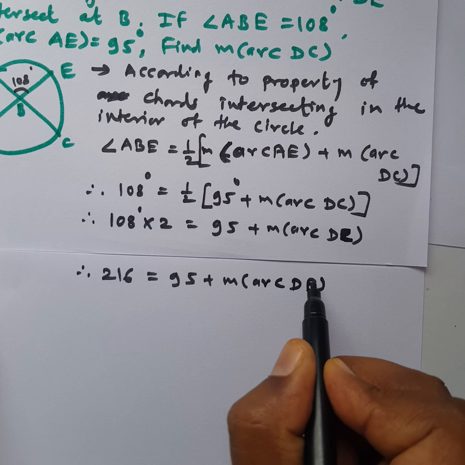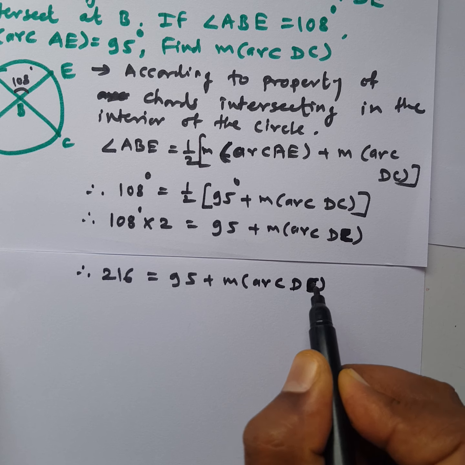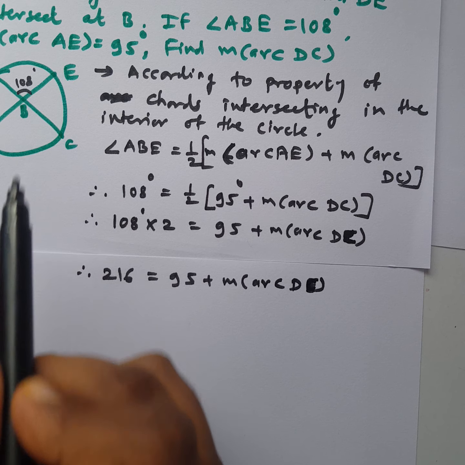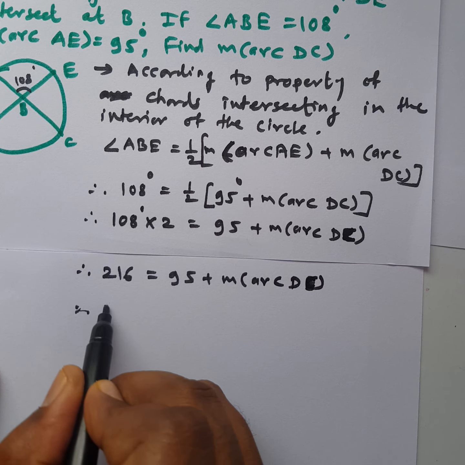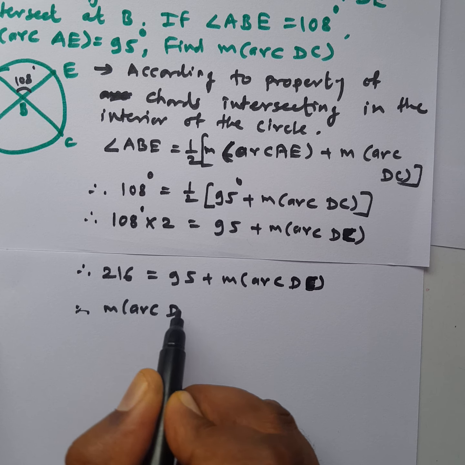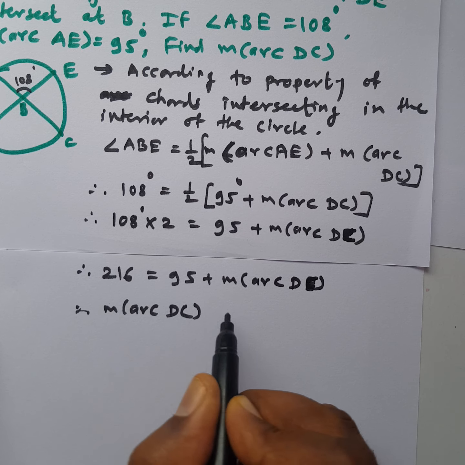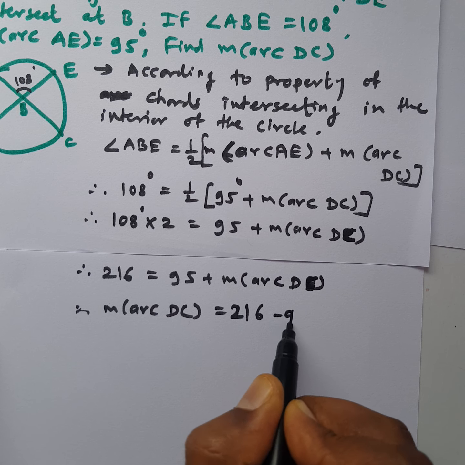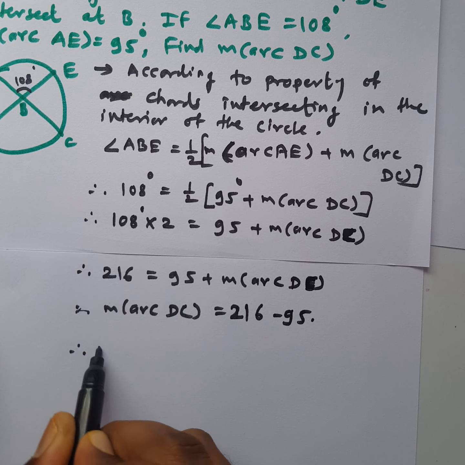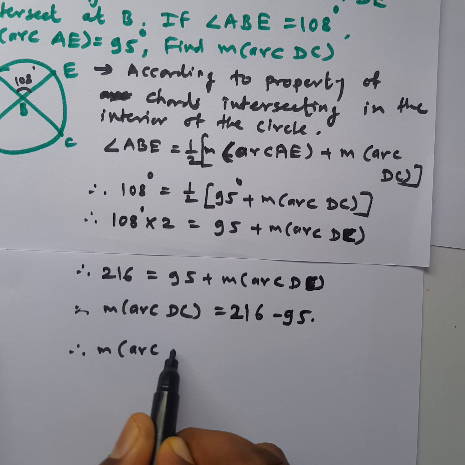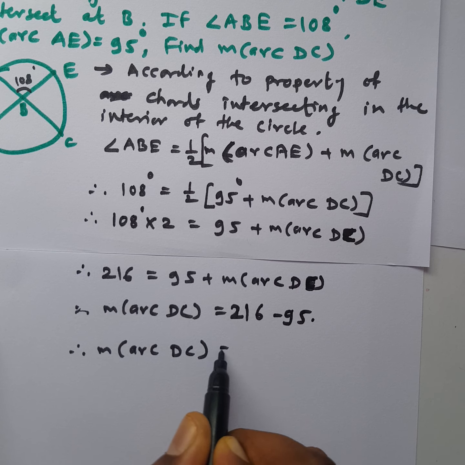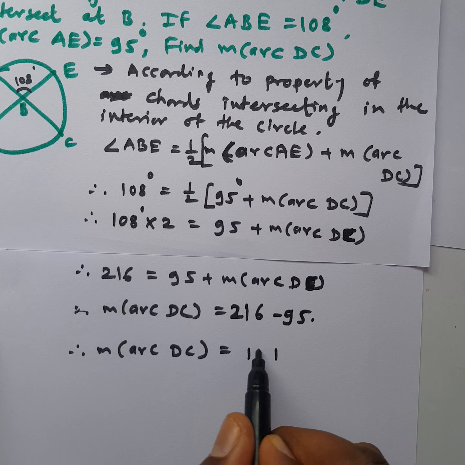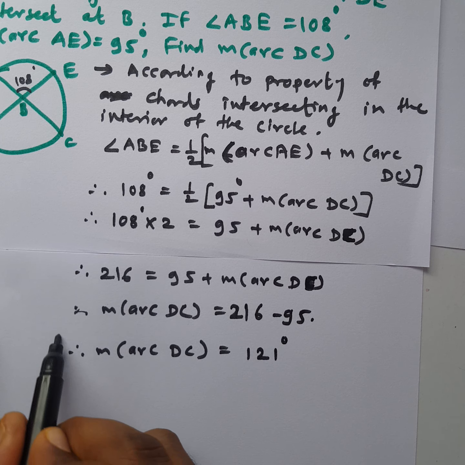Here I again read it as DE. It is not DE, it is DC. See in the figure, this is arc DC. Therefore, measure of arc DC is equal to 216 minus 95, that is 121 degrees.